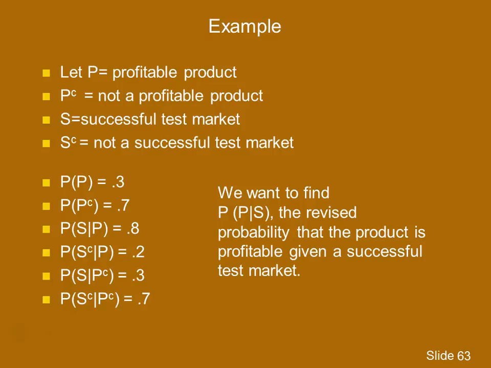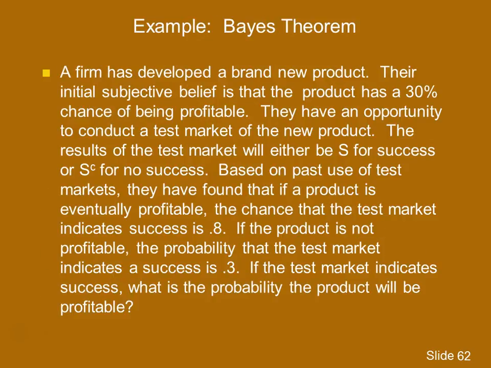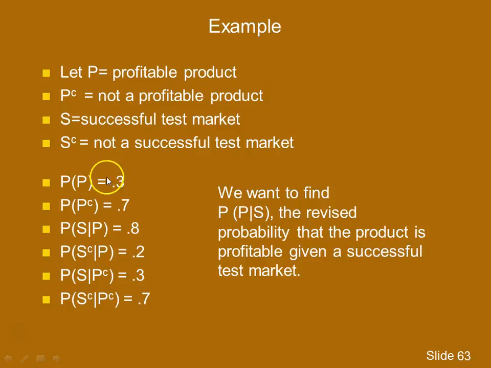S is a successful test market. S complement is not. Again, if you look back at the problem, we have a prior probability of 30% that the product is going to be profitable. So that's probability of P right here of 0.3, and the probability that it's not profitable of 0.7.